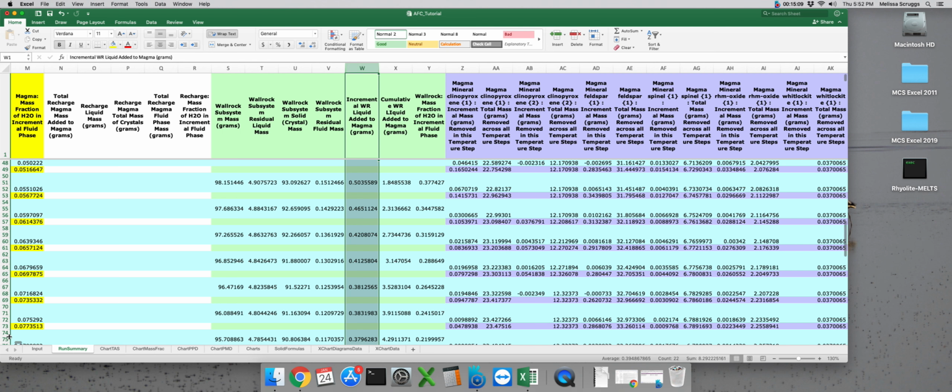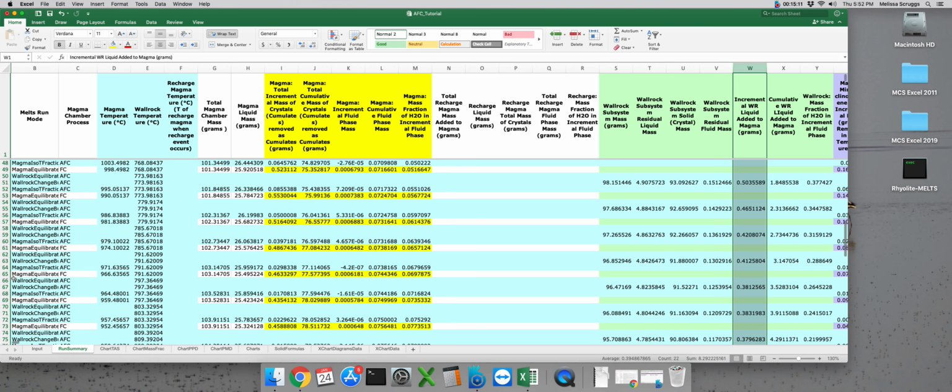The last cyan row that we have is magma ISO T fraction 8b. It's a mouthful. This is the step where the MCS calculates the new equilibrated state of the magma subsystem after the partial melt from the wall rock subsystem has been added to it. And if we look at the data, we can see that this is actually happening.